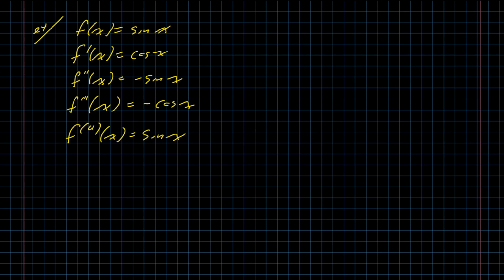Starting with the function sine of x, the first derivative is cosine, the second derivative would be negative sine, the third derivative would be negative cosine, the fourth derivative would be sine again, and that takes us back to the beginning. If we're trying to write the Maclaurin series, that means we're centered at x equals 0. We want to evaluate all of these things when x is equal to 0.